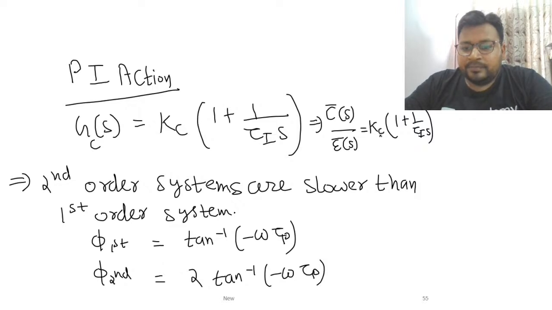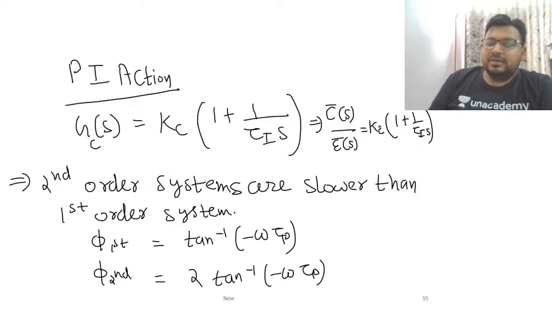Okay, so that is the transfer function. Now this range is known as the proportional band. So guys, ideally when Kc increases, proportional band decreases.